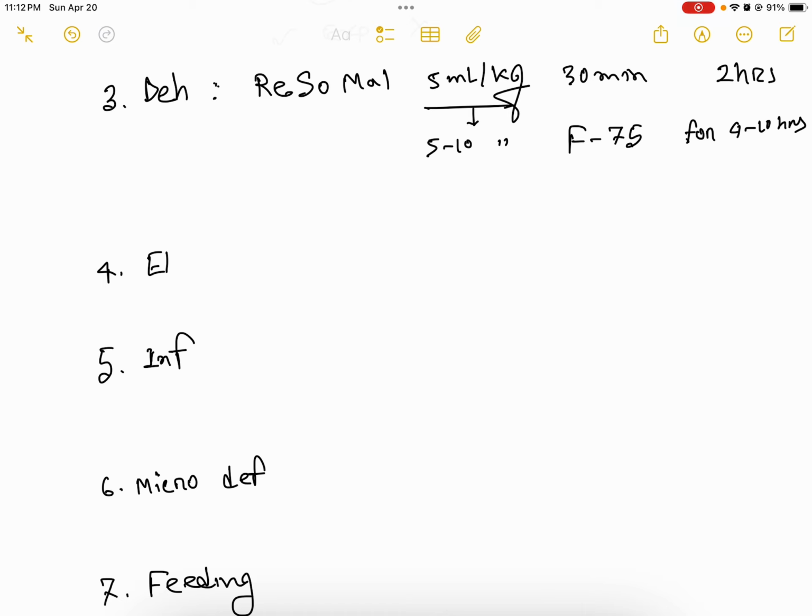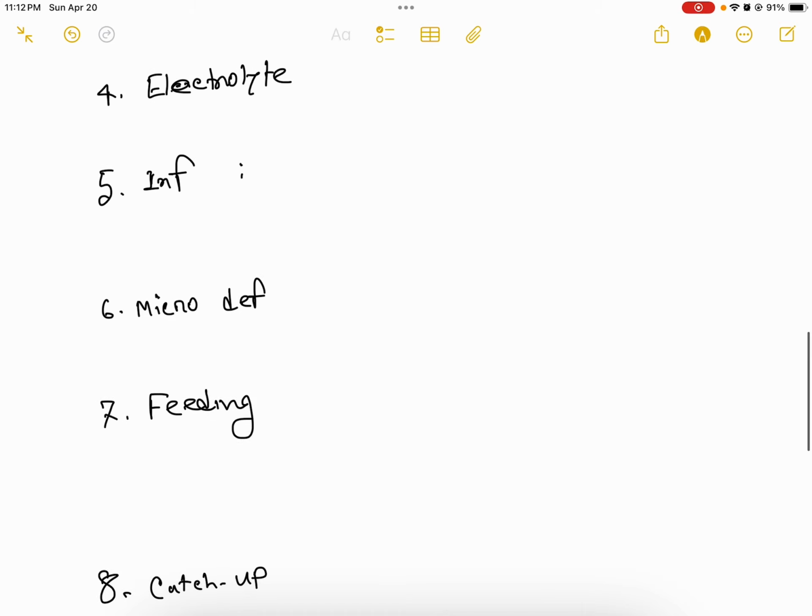Step 4, correction of electrolyte imbalance. Step 5, treat or prevent infection with broad spectrum antibiotics, oral amoxicillin or cotrimoxazole.